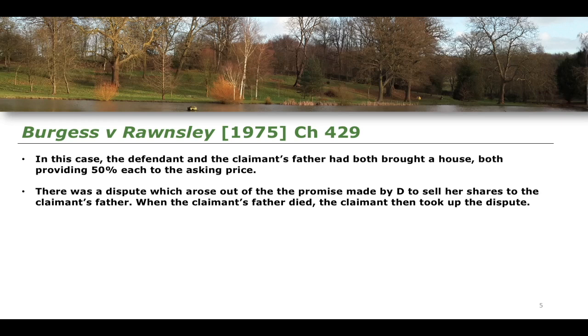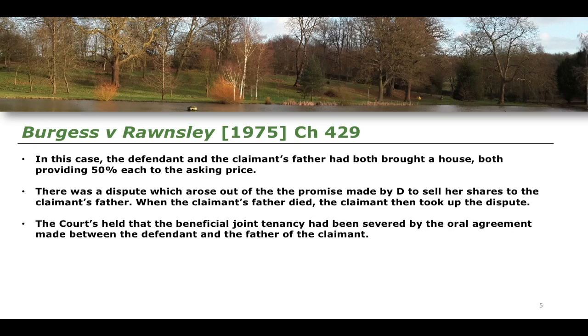So this was a case involving the claimant and the defendant, but the claimant was essentially the child of the father, who was the original purchaser of the property. The dispute carried on under the child when the father died. The court held that the beneficial joint tenancy had been severed by way of oral agreement.